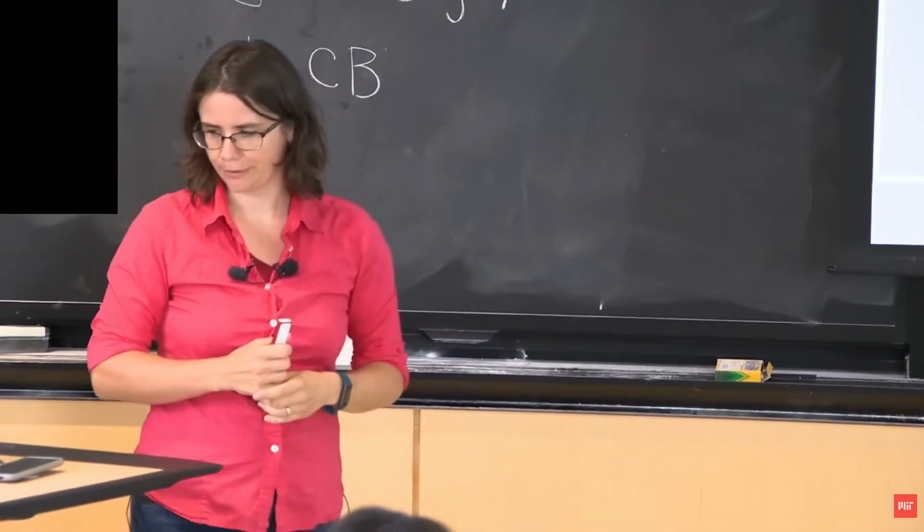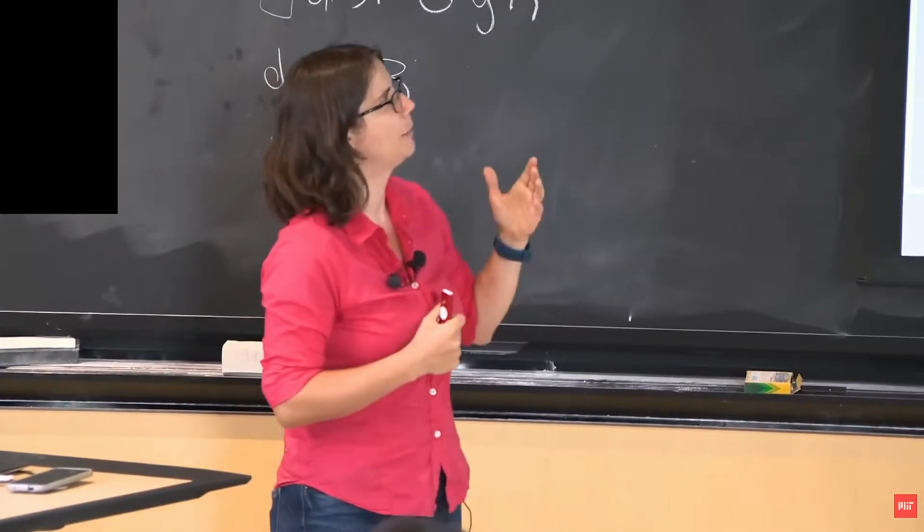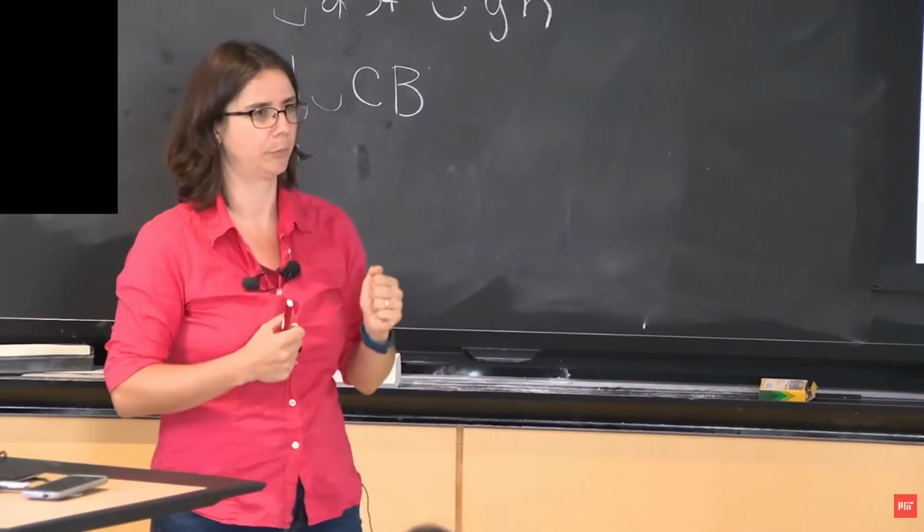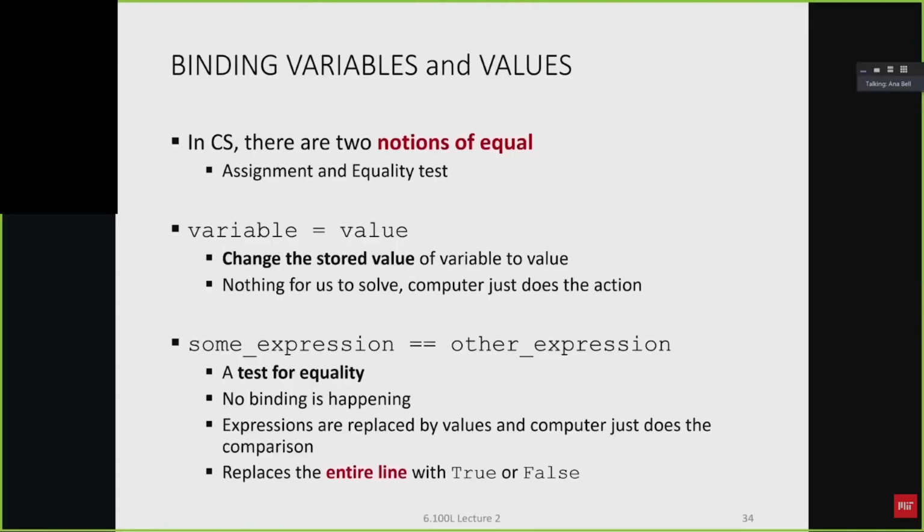Before we go on to showing you exactly how to do that, I'm going to talk about another notion of equal in programming. This might be more the notion of equal you're used to in math. The first notion of equal is the one we've already seen: assignment, done with one equal sign. The value on the right-hand side is bound to the variable on the left-hand side. That we know.